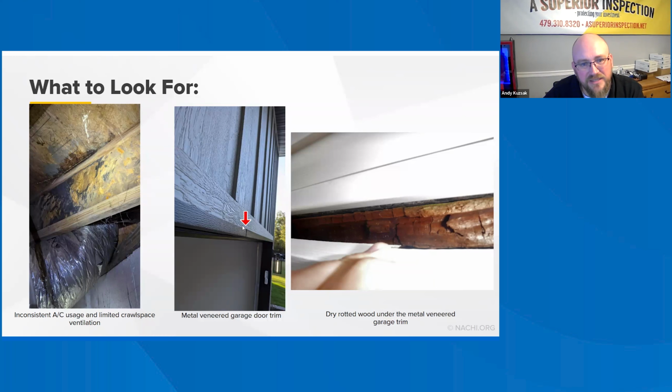This guy here in the middle, this is very common to see in my area. You have the metal veneered garage door trim. You can always tell when a builder buys plans off of the internet and doesn't have an architect design. So this house was originally designed for brick veneer. They modified the cladding and added cement fiber board and batten.